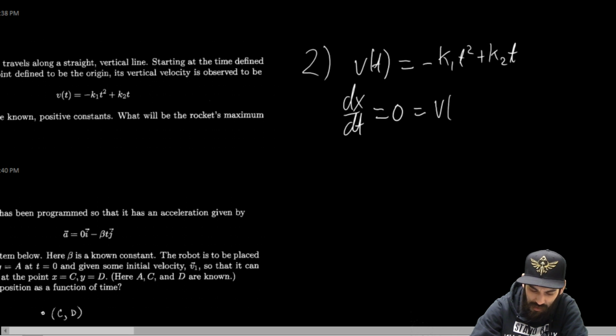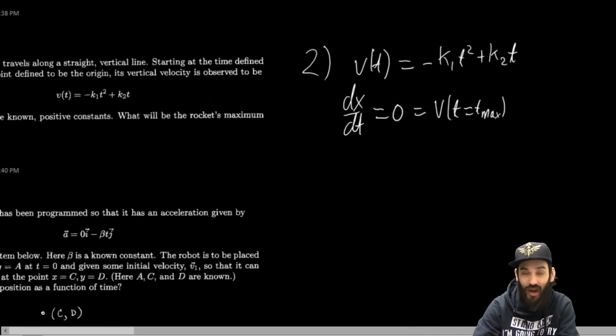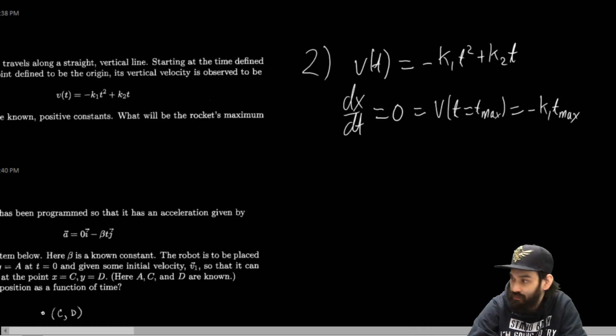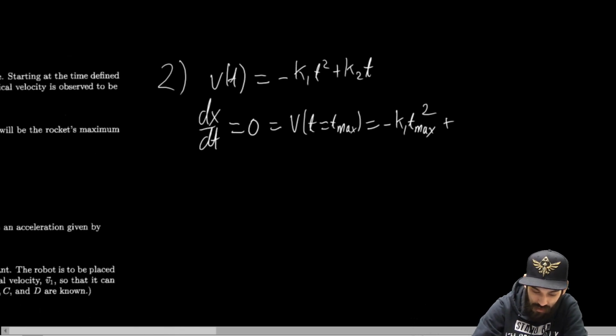I'm going to be very explicit. I'm going to say that this is the velocity at t equal to t max, the time it takes to get to the maximum height. So the velocity at the time it takes to get to the maximum height is going to be equal to minus k1 t max squared plus k2 t max.